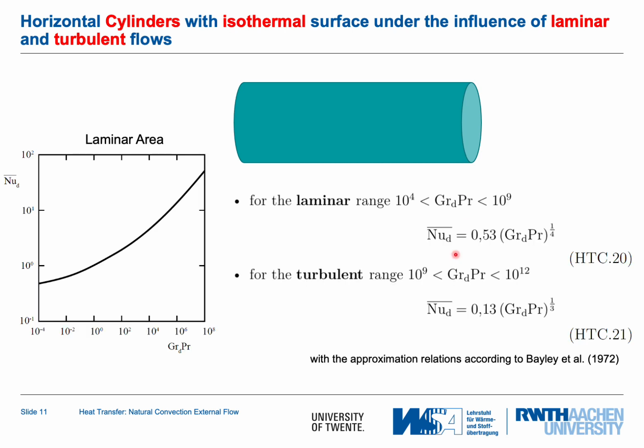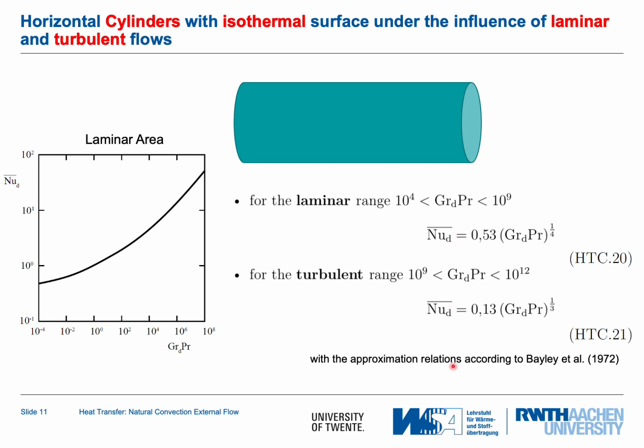For the laminar case, we can find the expression for the Nusselt number based on the diameter as 0.53 times Grashof times Prandtl to the power 1 over 4, where 1 over 4 is the exponent that we have also seen before for the other laminar cases. For the turbulent range, where we have the larger values of the Rayleigh number, we have 0.13 times Grashof times Prandtl, which is the Rayleigh number, to the power 1 over 3.